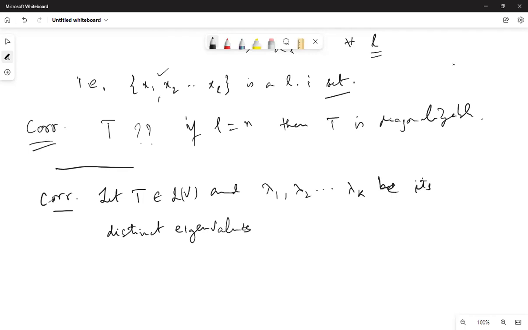If for each i we get the vectors xi1, xi2, ..., xi ni, for each i the vectors are linearly independent.